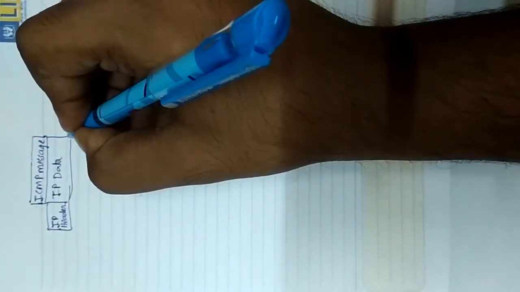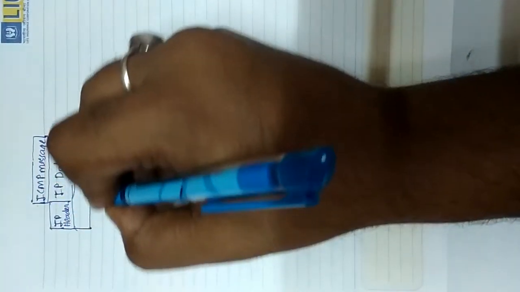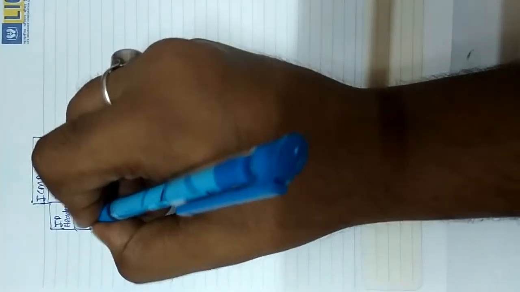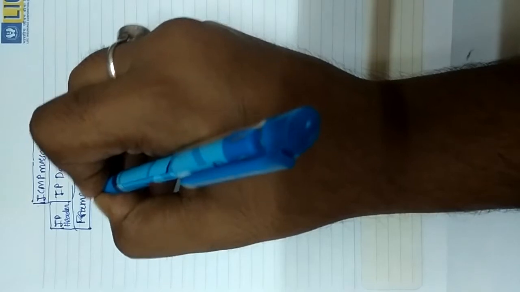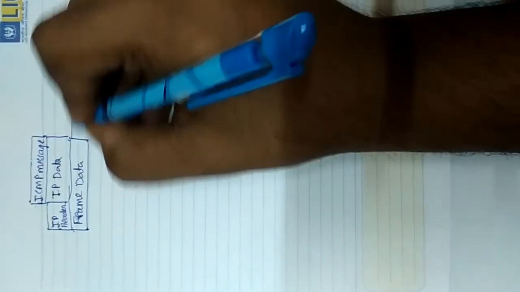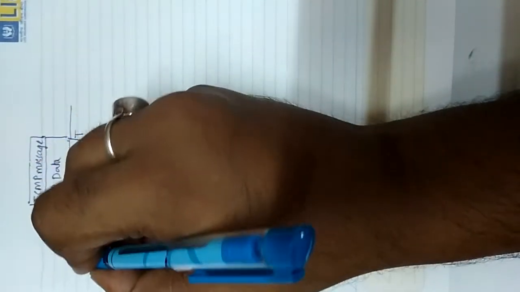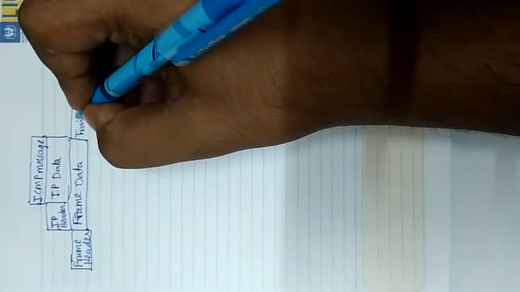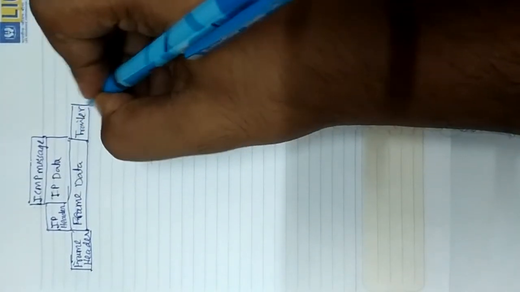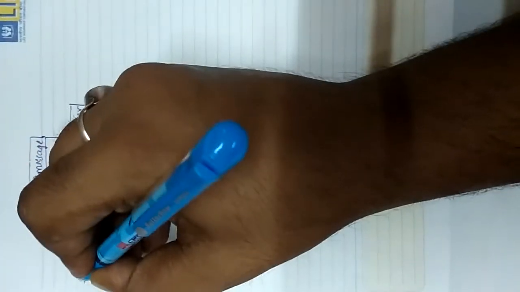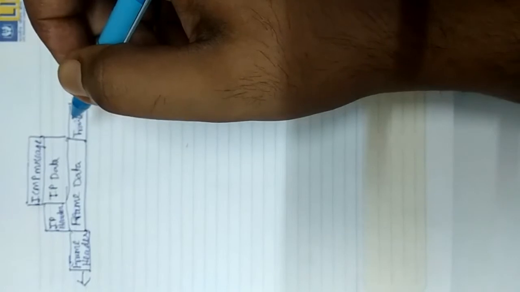This is a packet format. Next, this is the frame data. This is your frame header, and this is the trailer. So the ICMP message is encapsulated in IP header and IP data, and then frame header, frame data, and trailer. This is how it is done.